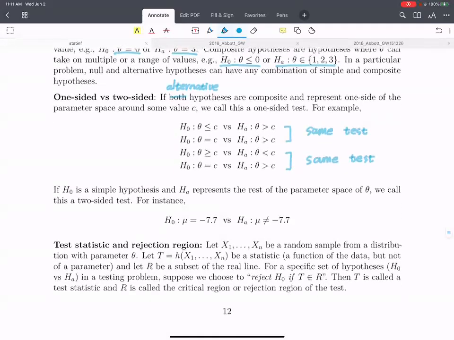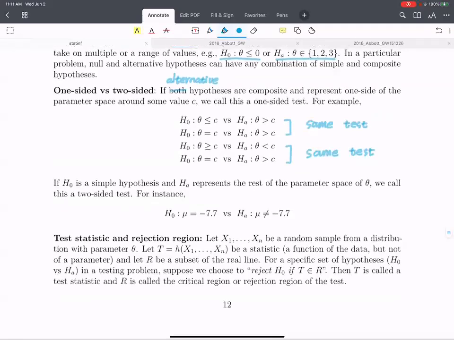Test statistic and rejection region. Let's say there is a statistic. As I defined, a statistic is a function of the data, not a function of the parameter at all. So T is some function H, and the inputs are data. And let's say R is some interval on the real line.